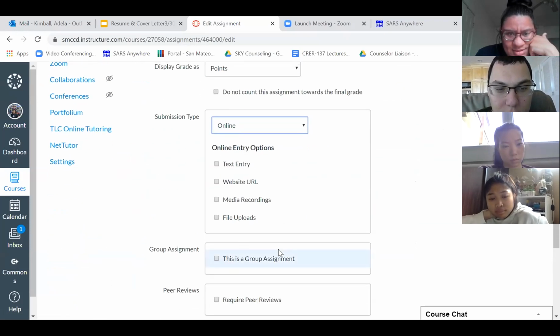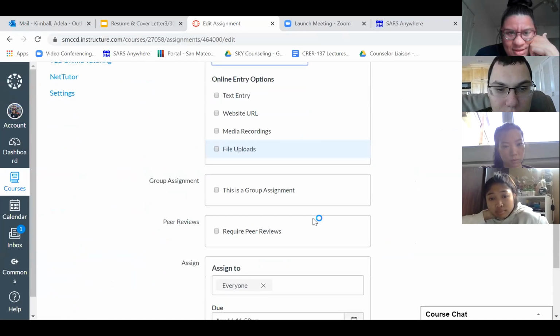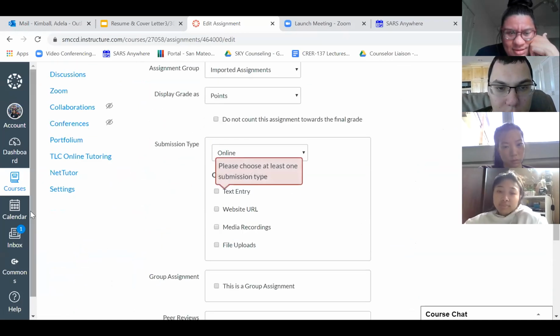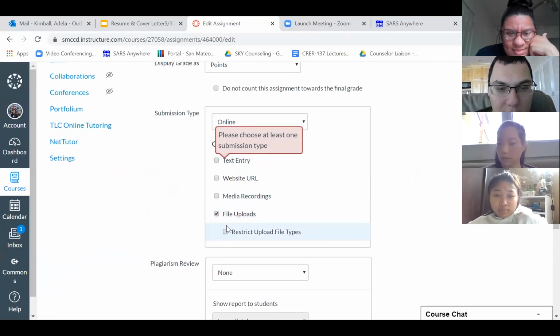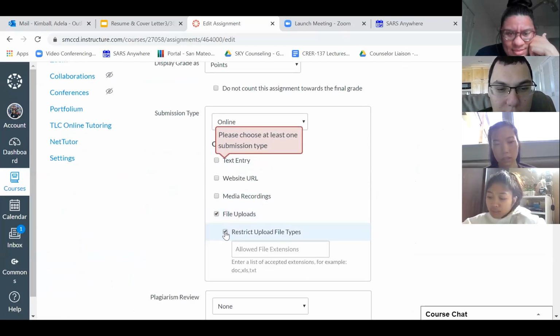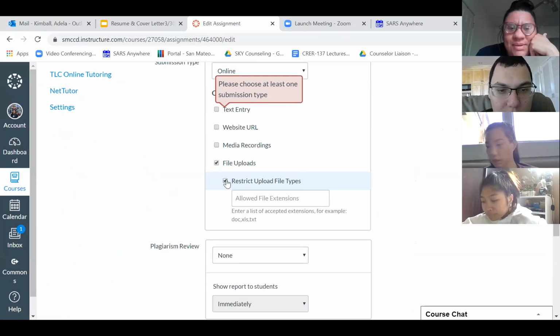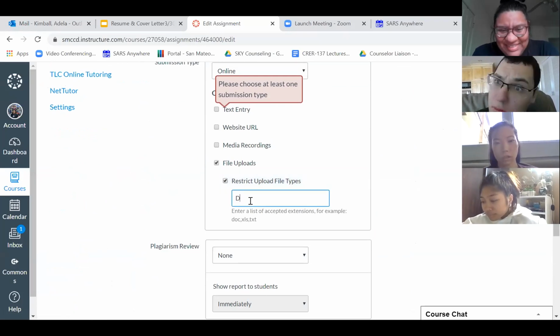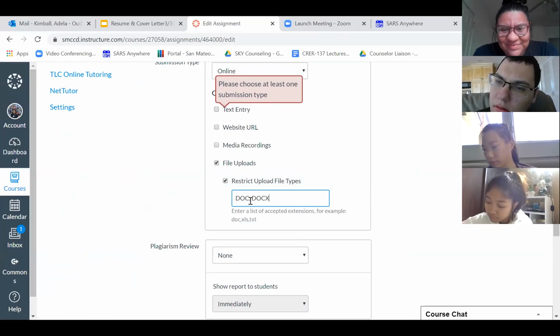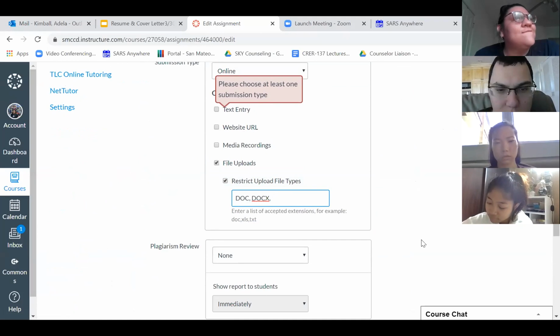Online, file uploads. Don't restrict it. Oh, I don't want PDFs though. So you want Word documents? Yeah. What's the other one? That's a Word document. I think those are the main ones. Okay.